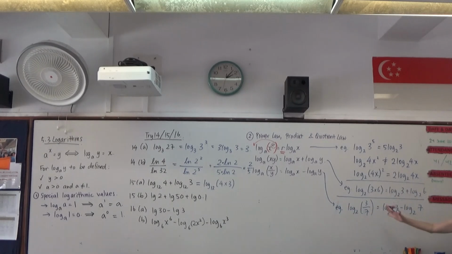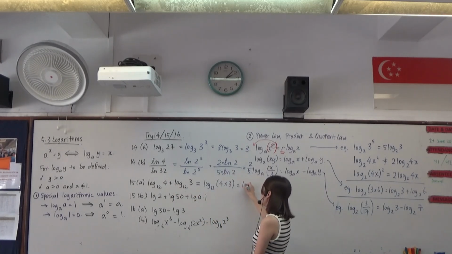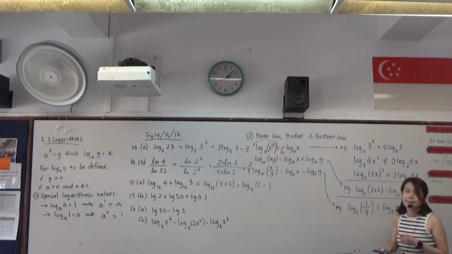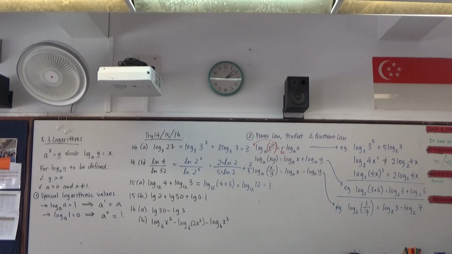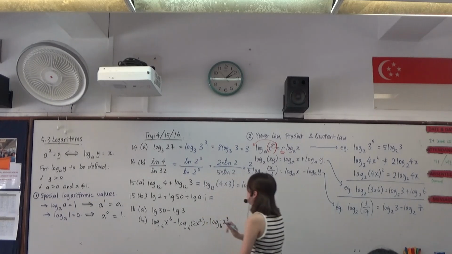When I have 2 separate logarithms with the same base, bases must be the same, and it's an addition in between, we can then take 4 times 3. And this will give me log 12 base 12, which is 1. Right. Now what about part B?